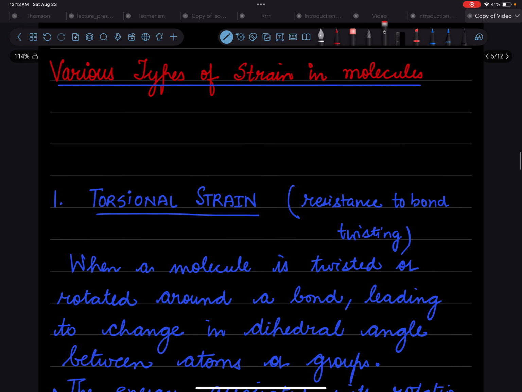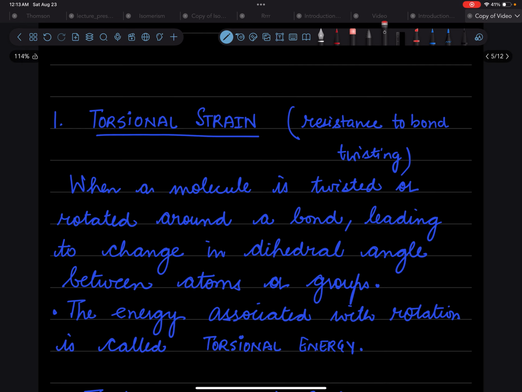Torsional strain. To understand torsional strain, you can think about those wind-up toys in which you have a spring, and when you use the key to wind it up, the energy gets stored in that spring, and as soon as you release it, the toy starts moving.